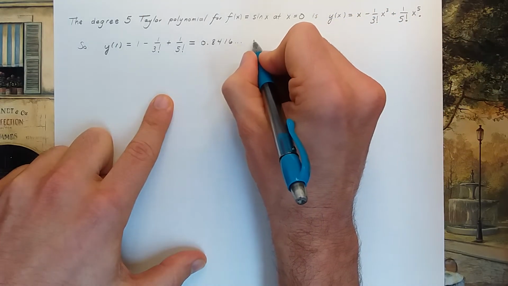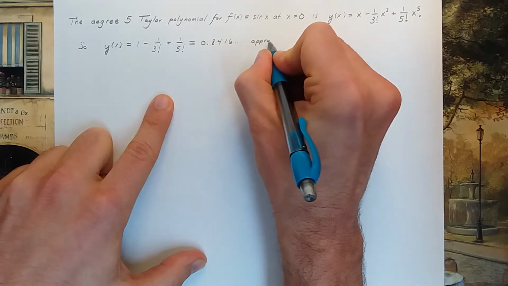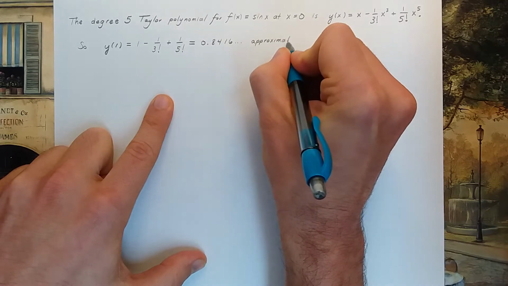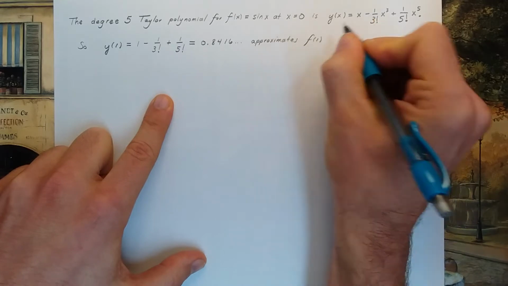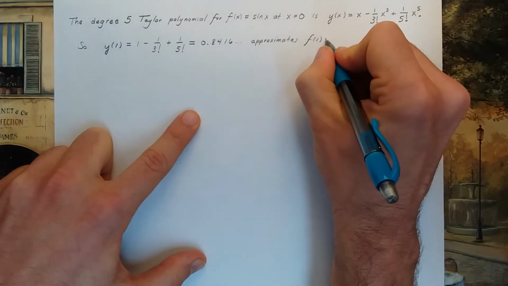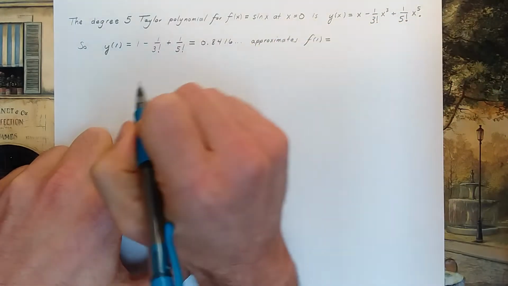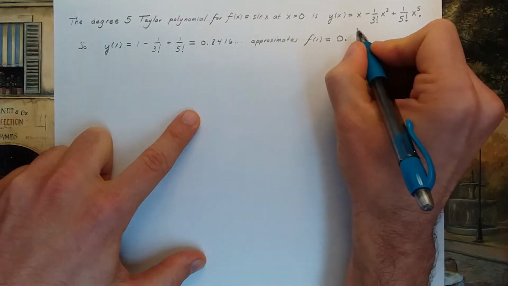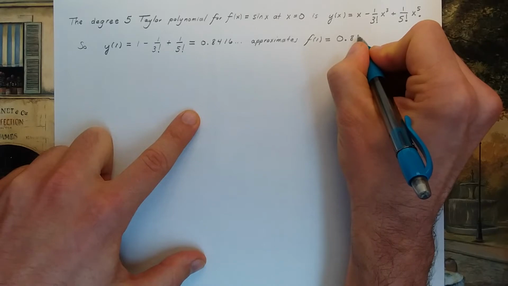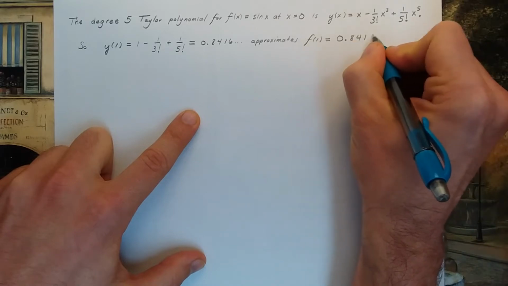This approximates the value of f of 1. f of 1 is sine of 1 radian, and that is 0.8414.